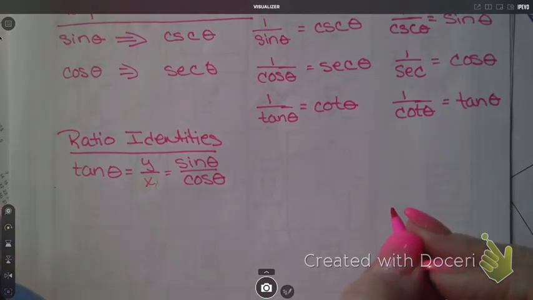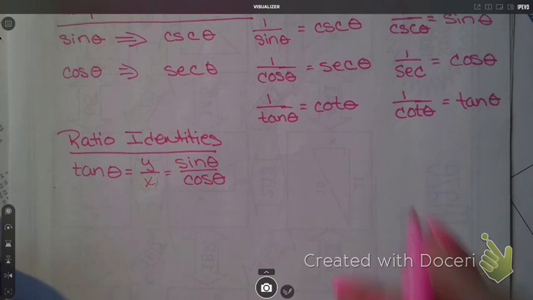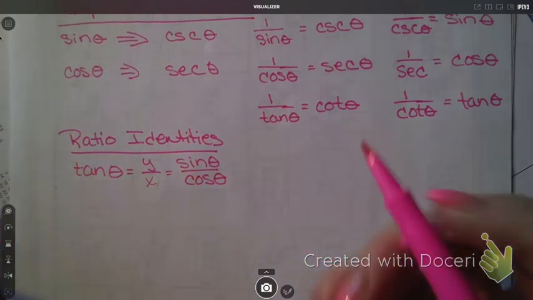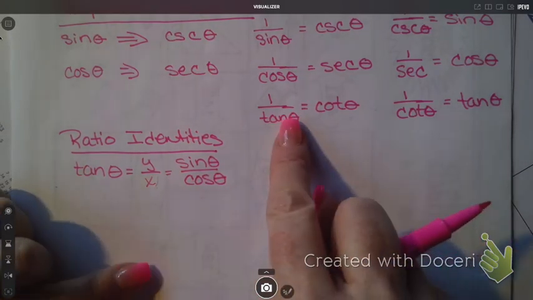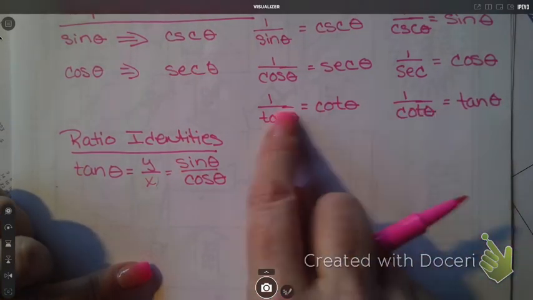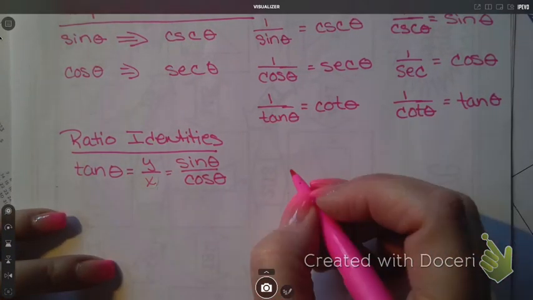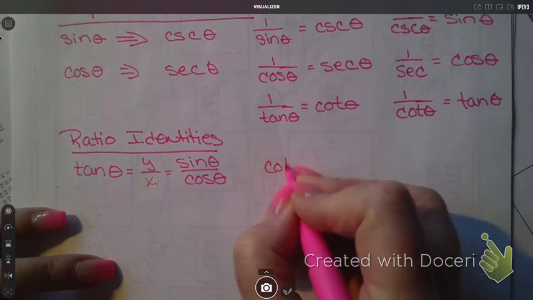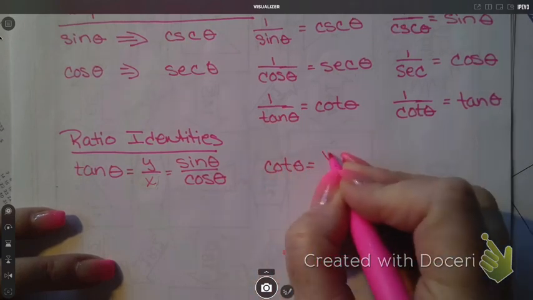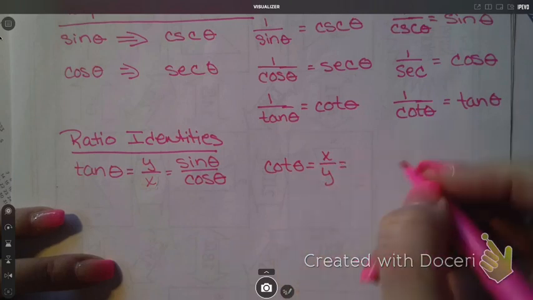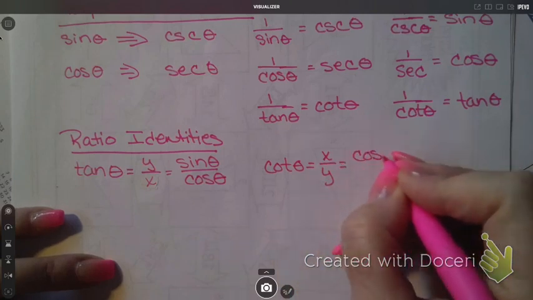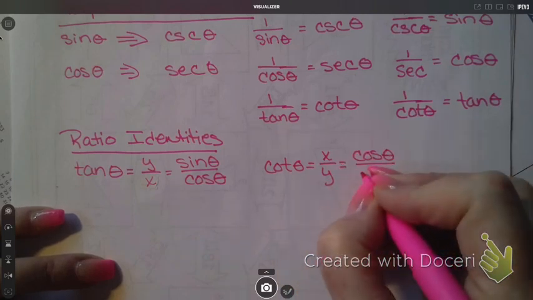Well, we know that tangent and cotangent are reciprocals of each other, yes? So that would mean cotangent, which is x over y, is cosine over sine.